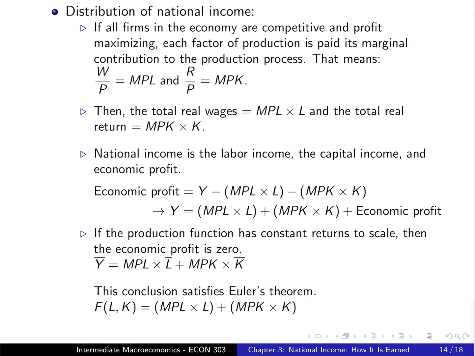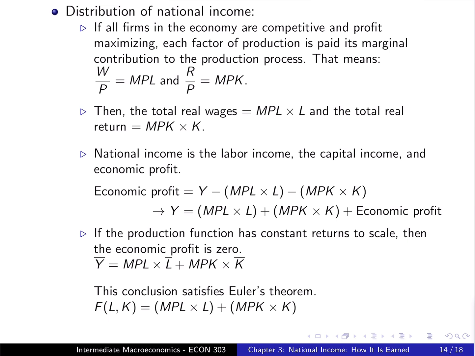National income decomposition. National income Y is the combination of labor income, capital income, and economic profit. So economic profit equals Y minus MPL times L minus MPK times K. If the production function exhibits constant returns to scale, then economic profit is 0.